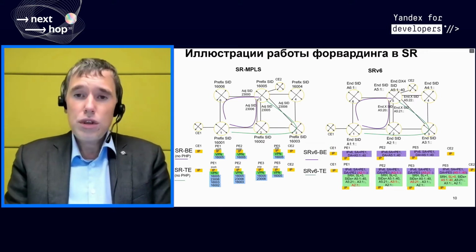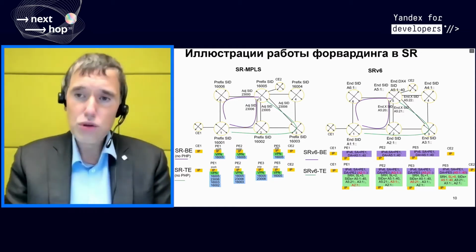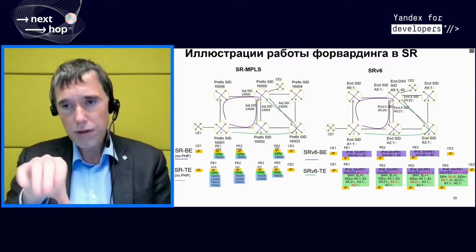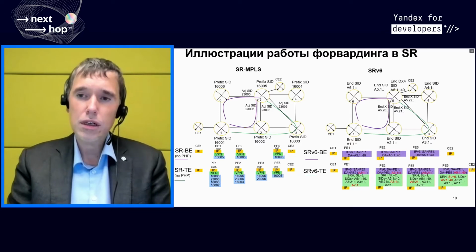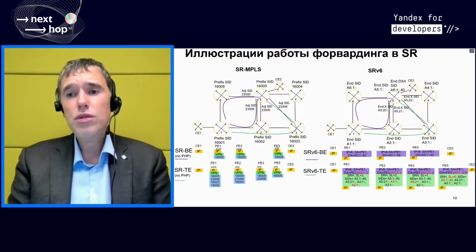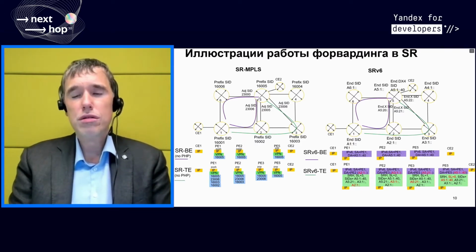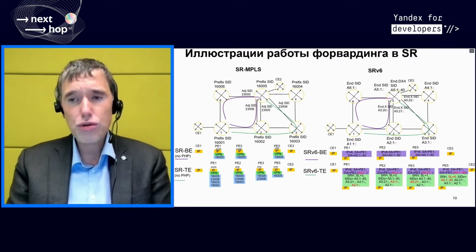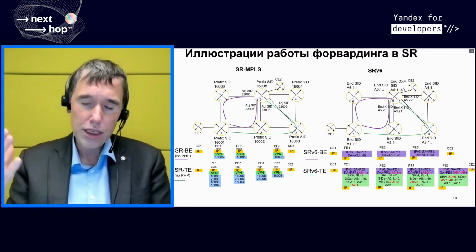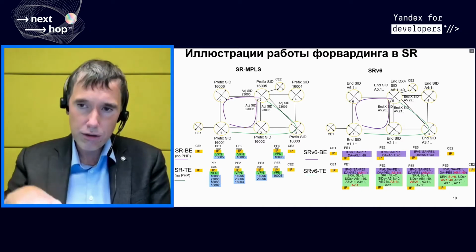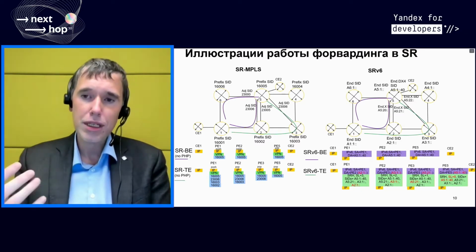There is a difference with SRv6. Those identifiers, the SIDs, you have some brief information about them below the slide. Those identifiers are able to give a unique identification of a router with this SID.